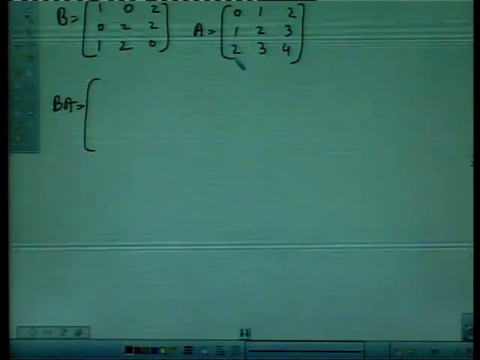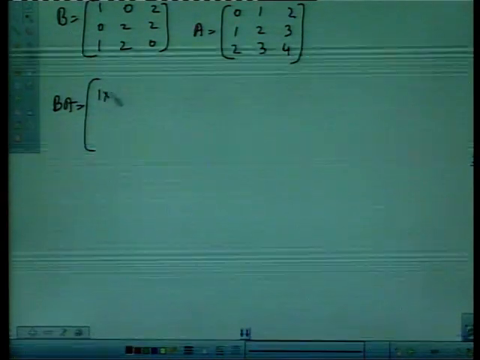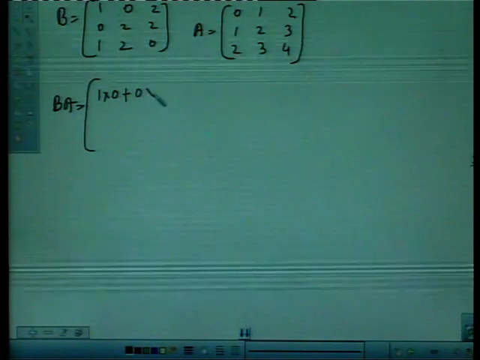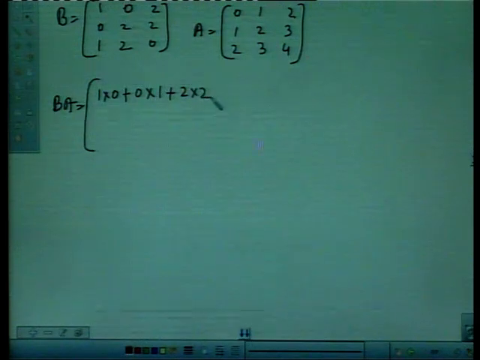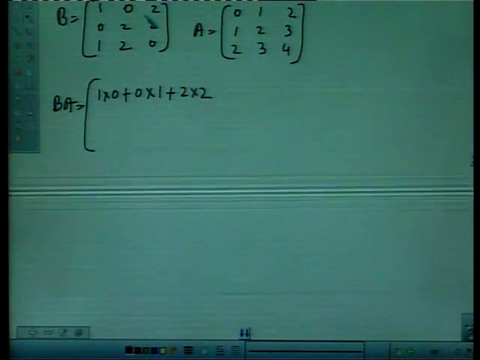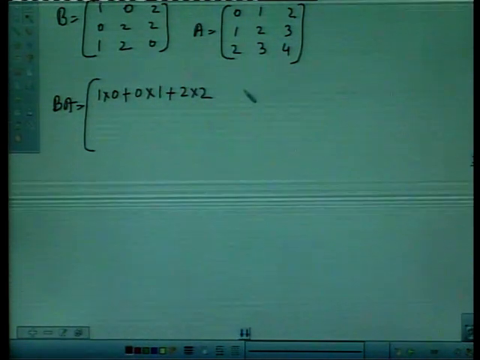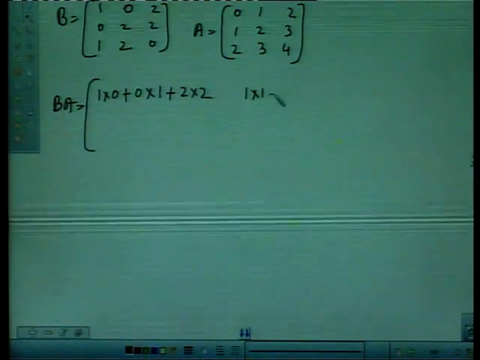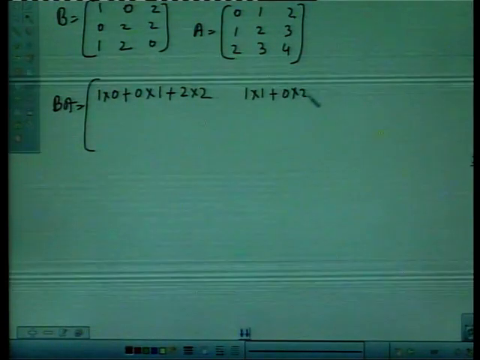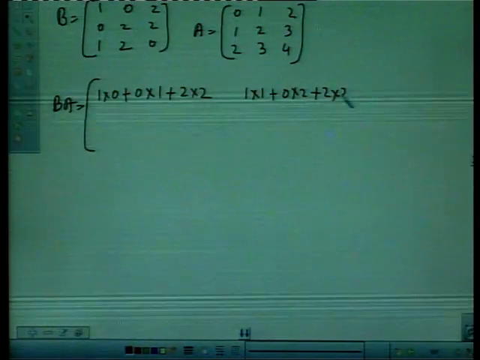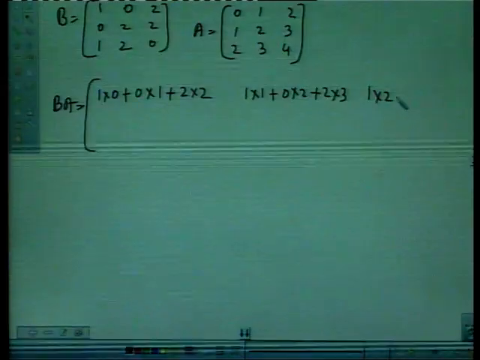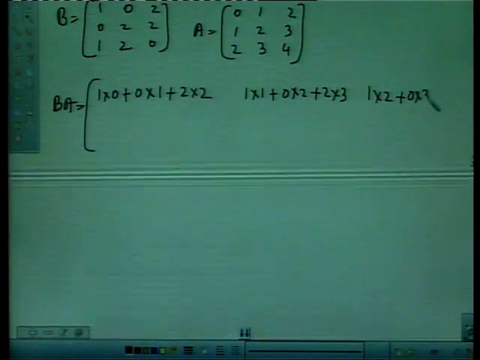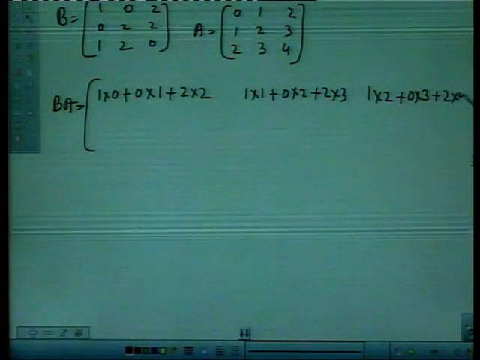First row, first column: 1 multiply by 0, 0 multiply by 1, and 2 multiply by 2. Now first row, second column: 1 multiply by 1, 0 multiply by 2, 2 multiply by 3, and again 1 multiply by 2, 0 multiply by 3, and 2 multiply by 4.